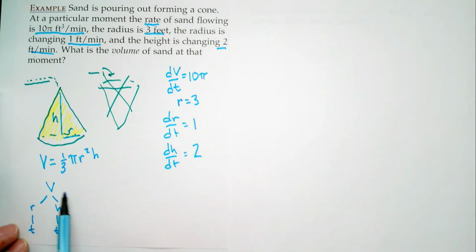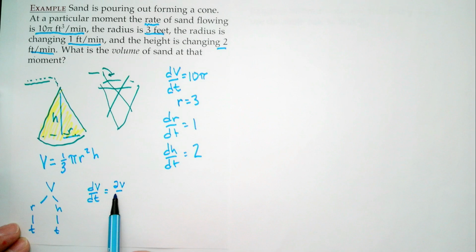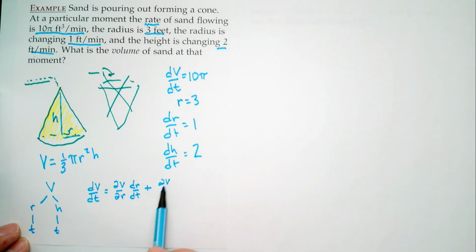So we can say that by the chain rule, the change in volume with respect to time is the derivative of V with respect to r times dr/dt plus the derivative of V with respect to h times dh/dt. So this is the chain rule.